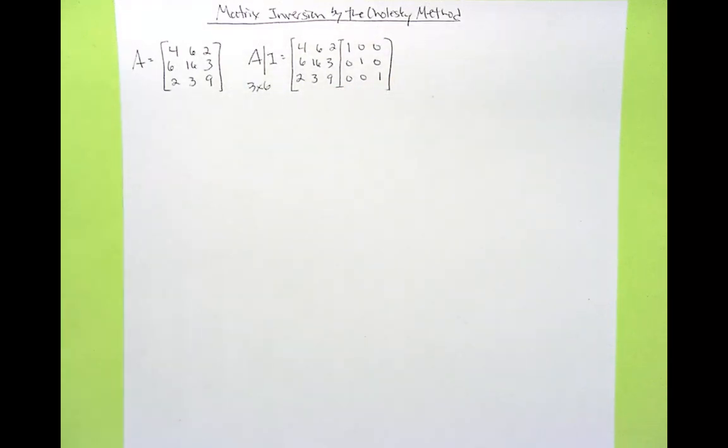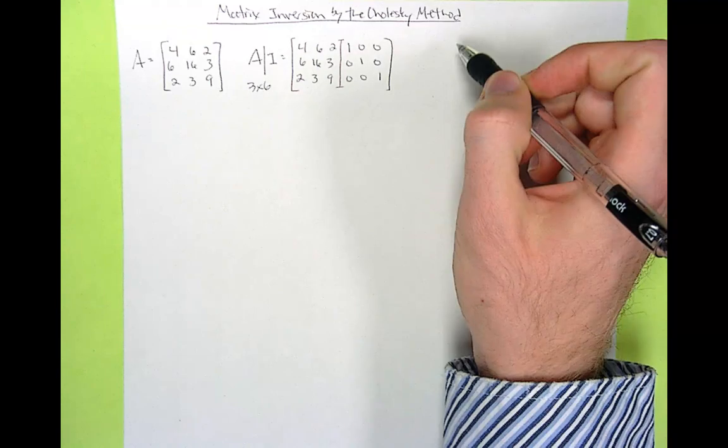So next we're going to perform the Cholesky algorithm. We're going to essentially Choleskify this, or as it says in your text, this 3 by 6 matrix is going to be Choleskized. You can also see on page 121 of the text that the schematic design of the process kind of looks like this.